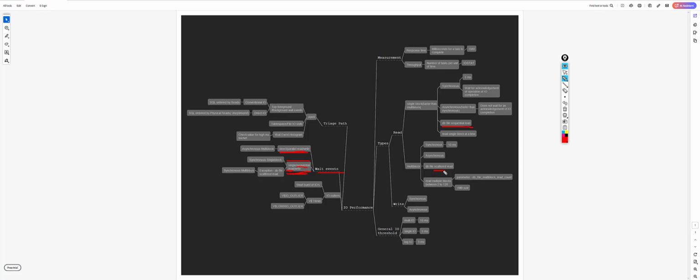So scattered is the only exception. Another example, DB file parallel read. This is one wait event. Here you can see parallel read. DB file single write.